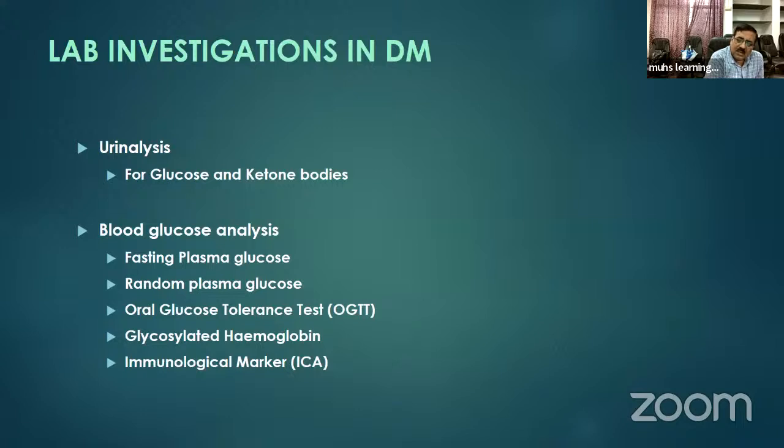Whenever you send urine analysis, if it is more than 250, the first and foremost test is the routine microscopy, and then you will find casts, you can find bacteria, you can find yeast cells, but glucose and ketone must be done, because glucose will give you the degree of hyperglycemia, but it does not correlate between serum glucose and urine glucose.